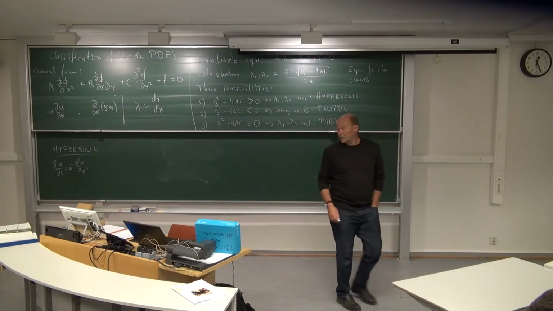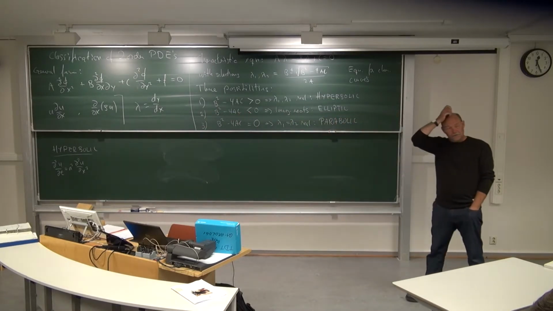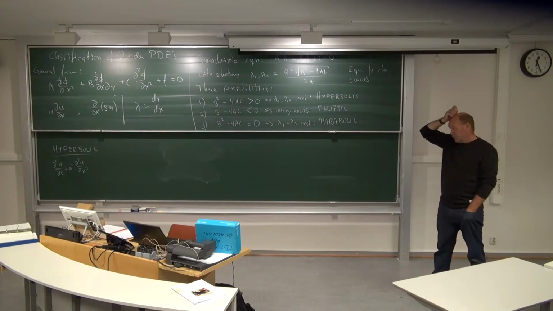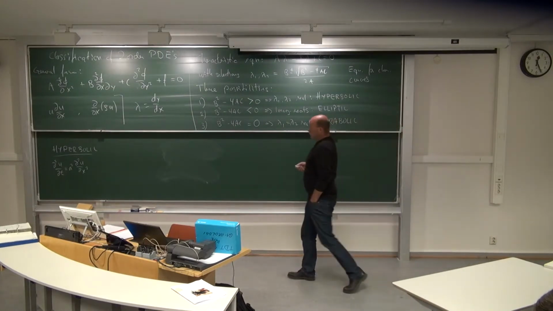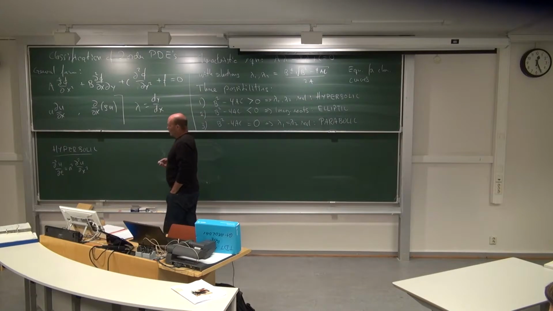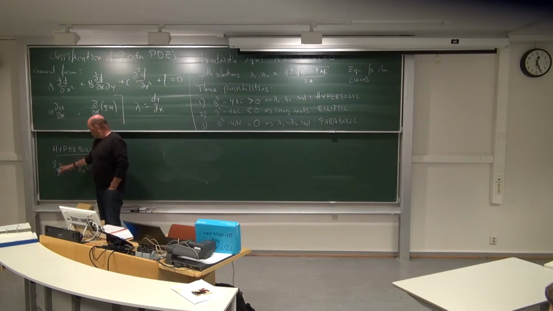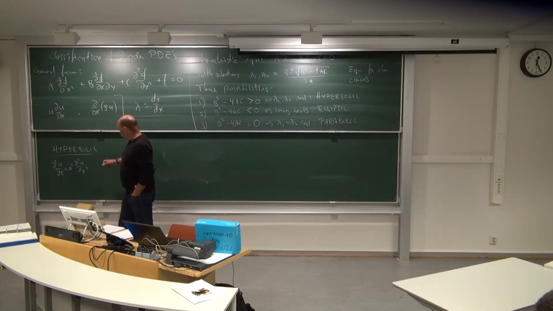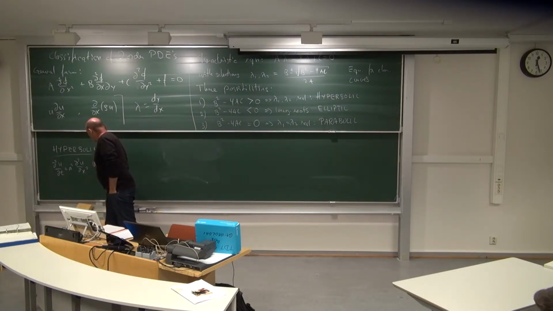There, the constant a would be the wave speed, the speed of sound, and u here being the signal, whatever that might be. So this is the 1D wave equation.